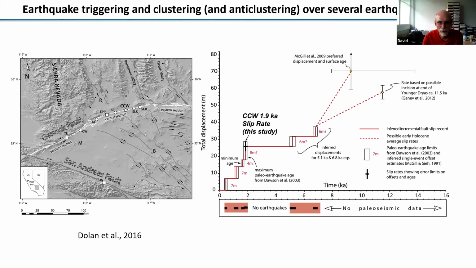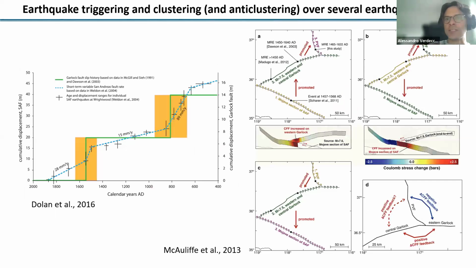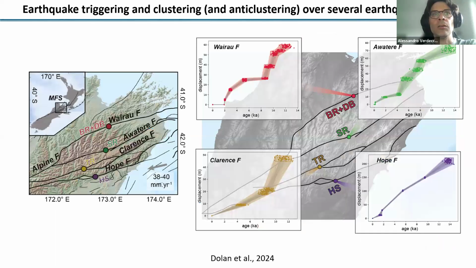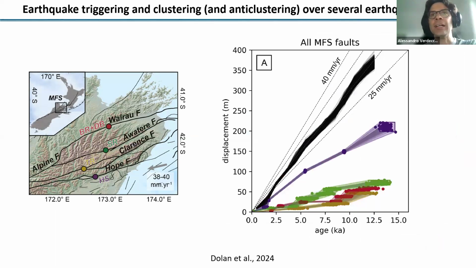All right. So going faster, this relationship among faults in the Eastern California Shear Zone and San Andreas was also observed for other faults, in this case the Mojave section of the San Andreas and the Garlock Fault again. In New Zealand, there are similar characteristics, with several faults having clusters of earthquakes and other faults having anti-clusters, so having times when not so many earthquakes were occurring.